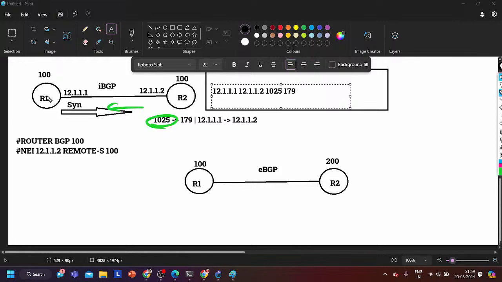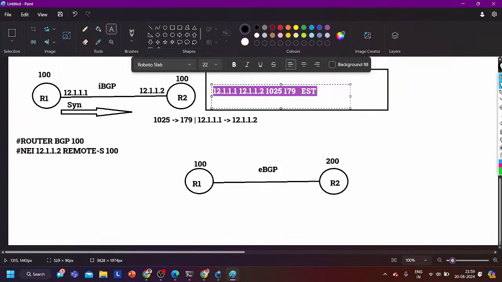When router 1 receives the SYN ACK message, again router 1 is going to maintain this table, and router 1 will finally send what? Acknowledgement. Once router number 2 gets the acknowledgement, it will put the status as established. Now, if the TCP connection is established, then routers are going to exchange the actual messages of BGP.